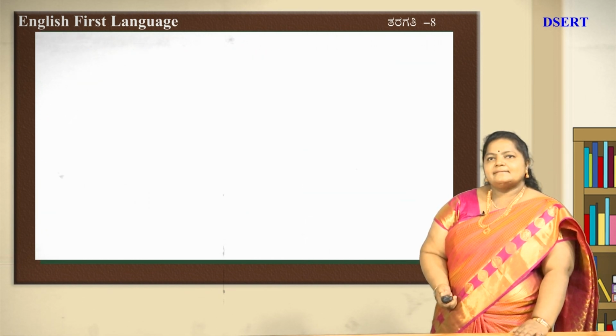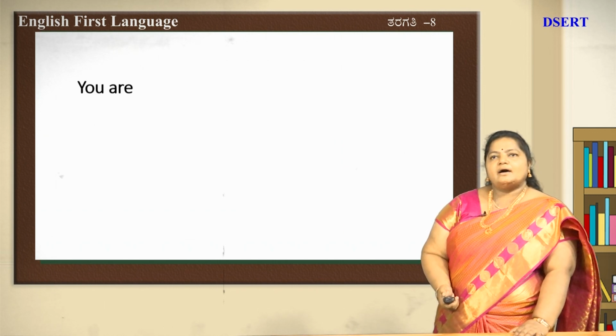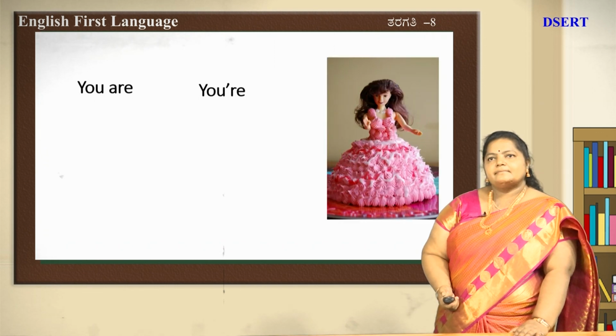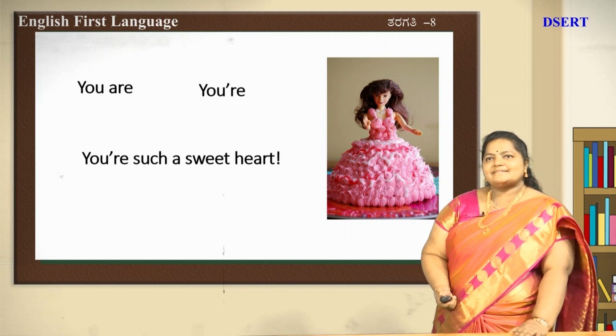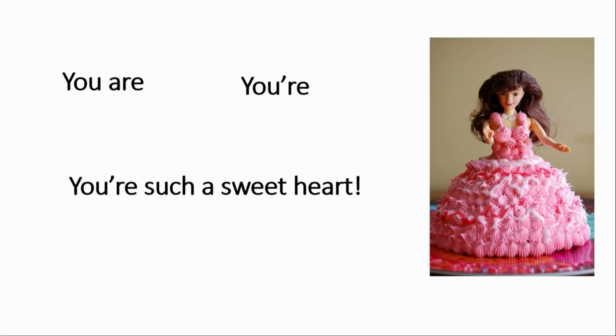Next, you are. After contracting, it's you're. Let's see how we can utilize it in a sentence. You're such a sweetheart. A small girl tells the doll, you're such a sweetheart.